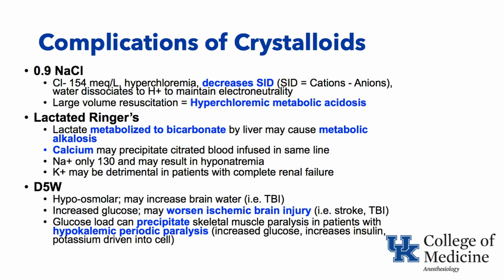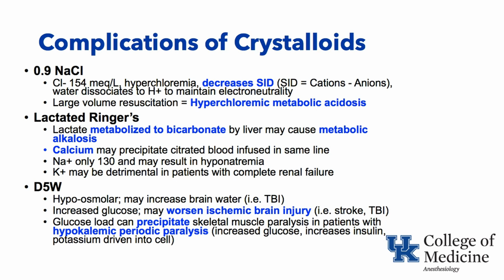So we often don't use lactated Ringer's to dilute out our packed red blood cells that are citrated, for example. The sodium in lactated Ringer's is only about 130 and can result in hyponatremia. And there's some potassium in lactated Ringer's, so if you're giving it to a patient who has complete renal failure, that potassium could build up, and we often avoid lactated Ringer's in patients with renal failure.